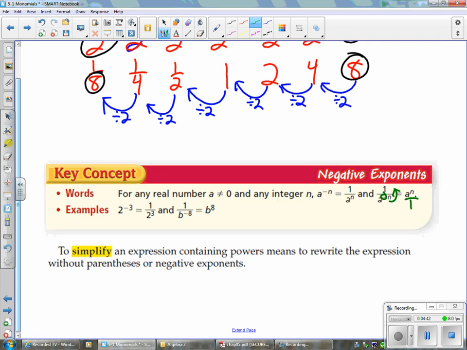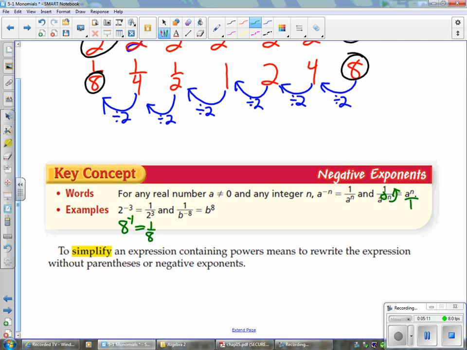Now, to simplify, and this is pretty important for you to know, to have an expression simplified, you cannot have a negative in the exponent. So if you're simplifying 2 to the -3rd, it's the same thing as saying 2 to the third is an 8, and with the negative exponent you have to write that as 1 over 8.